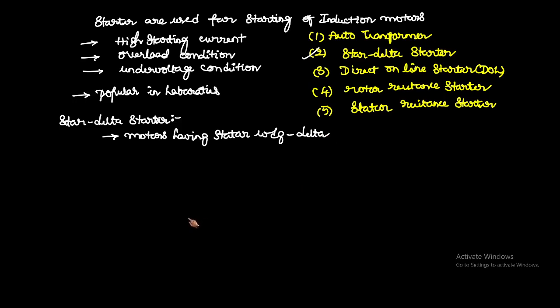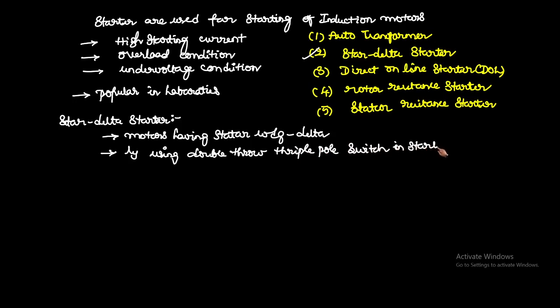All the 6 terminals are brought out, and I will show the diagram, by using a double throw triple pole switch. In the starting, the switch is placed in star connection.